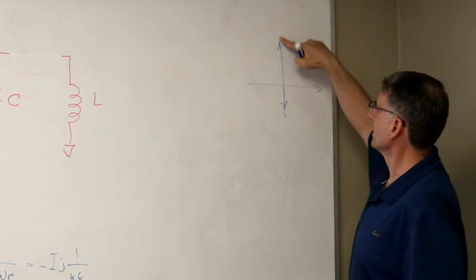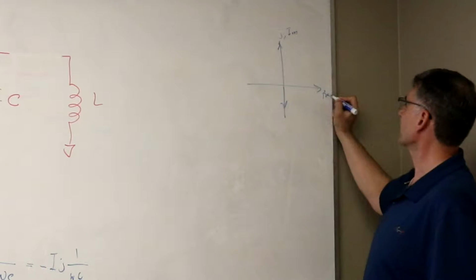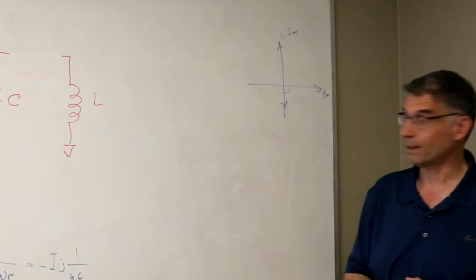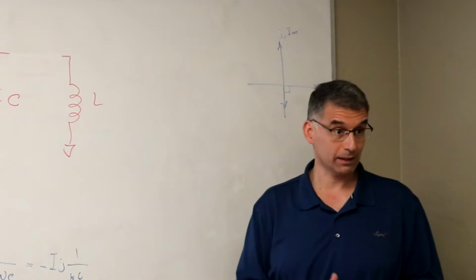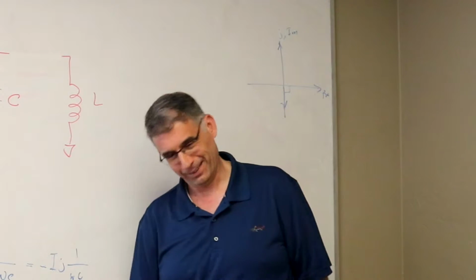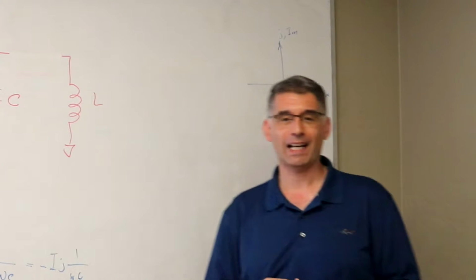This is the J or imaginary axis, and this is the real axis. So it falls over here, and so I get negative 90, right? So it's lagging. Voltage will be lagging the current. It's actually lagging, right?